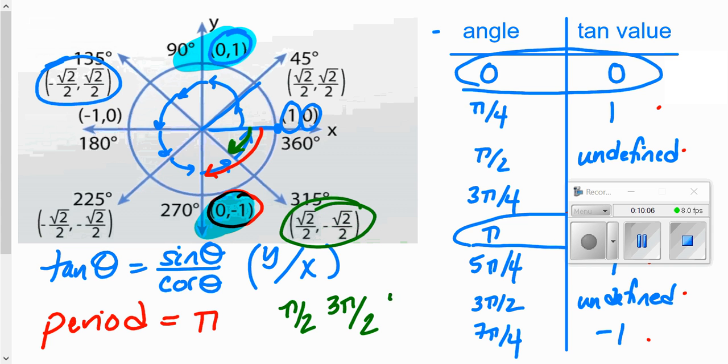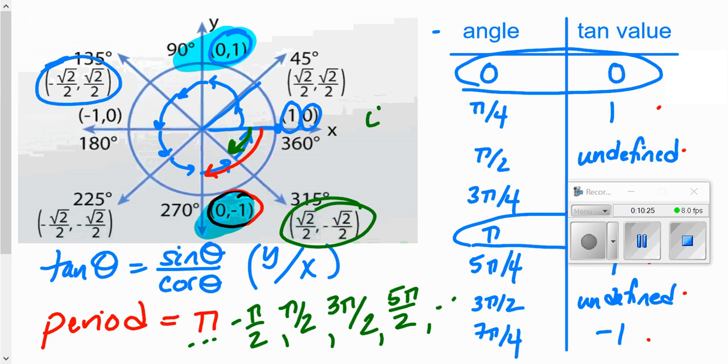If you kept going around the circle, your 5 pi over 2, your 7 pi over 2. If you went in the negative direction, it would be these same values, but in the negative sense. Okay? So if you wanted to describe those in a short, succinct way, you would say they are the odd multiples of pi over 2.